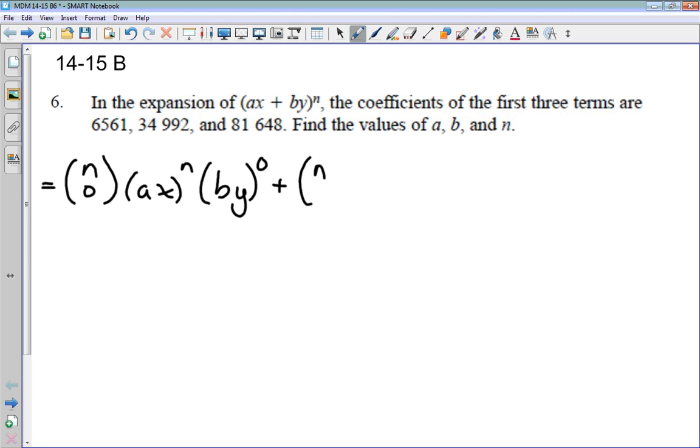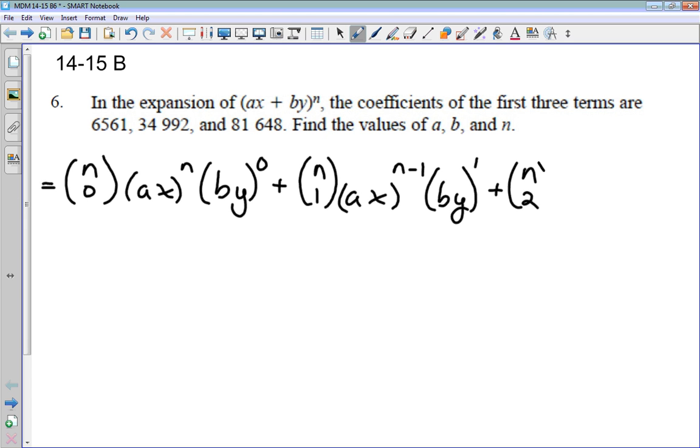Our second term is n choose 1, (ax)^(n-1), and then (by)^1. Our next term is going to be n choose 2, (ax)^(n-2), and then (by)^2. And of course our expansion keeps going, but those are just our first 3 terms.